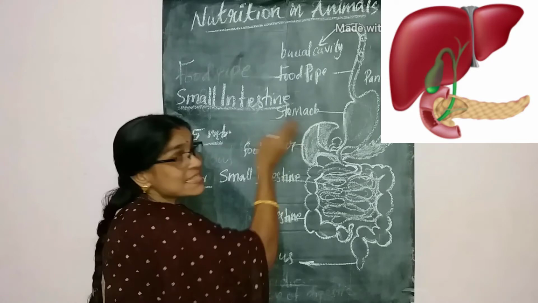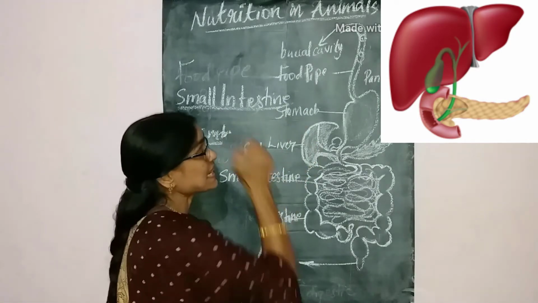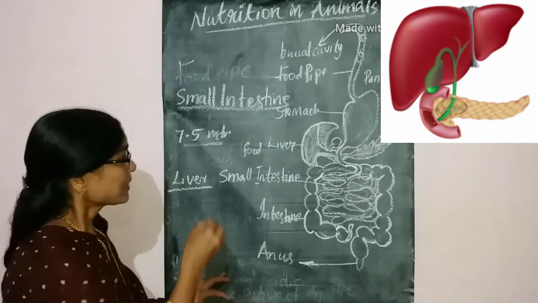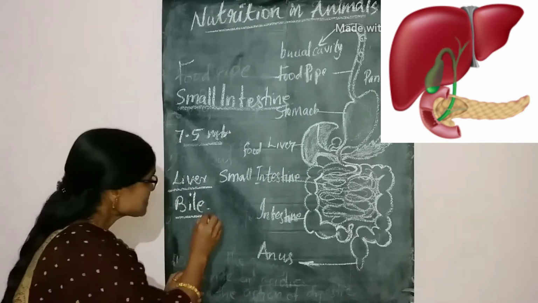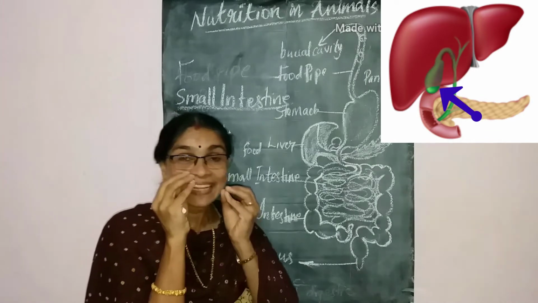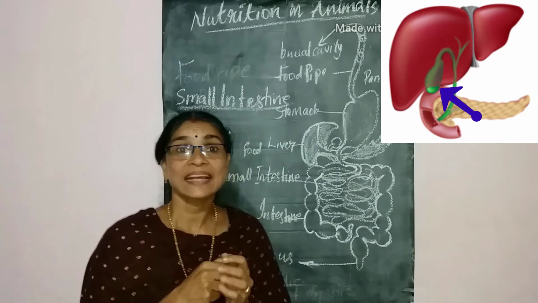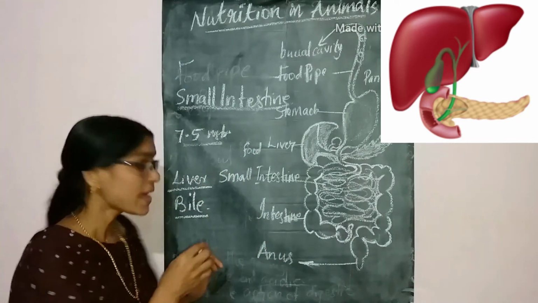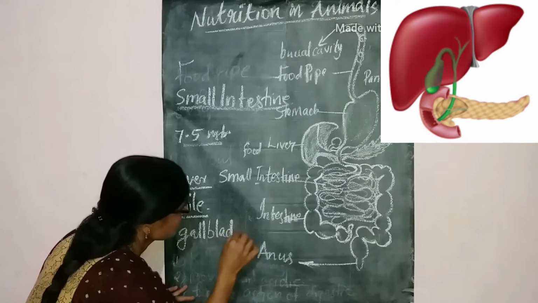It is the largest gland in our body. It secretes a juice called bile. This bile is stored in a sac known as the gallbladder.